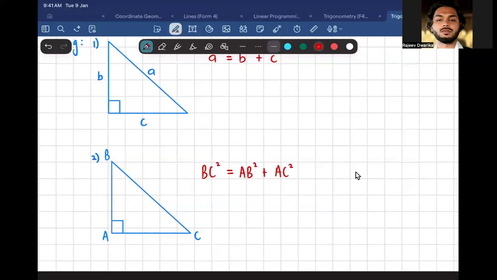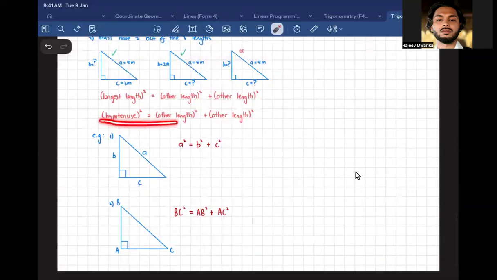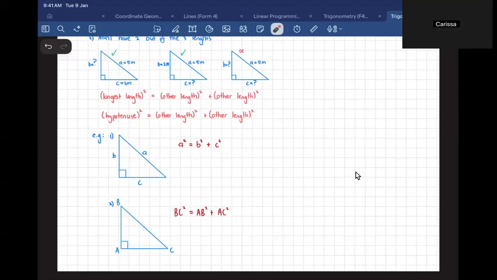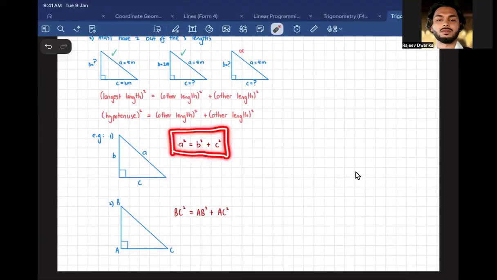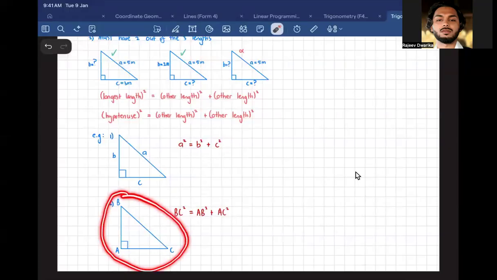So do you understand why I wrote it like a sentence as opposed to using letters? Because a lot of students would just learn this one formula and wouldn't be able to recognize what it actually means. They might see this diagram and get confused.